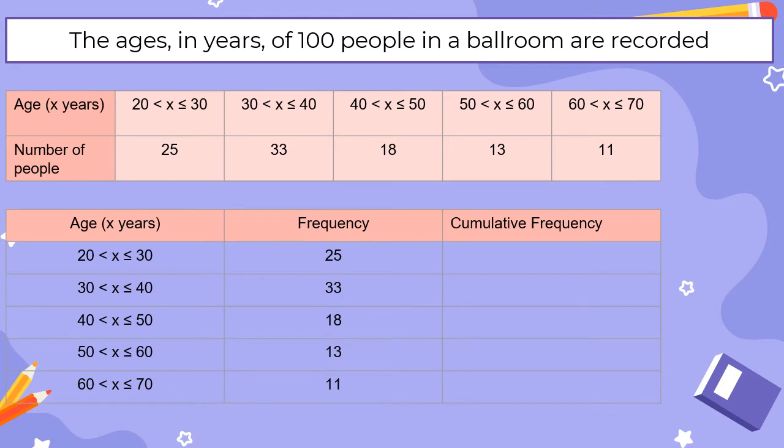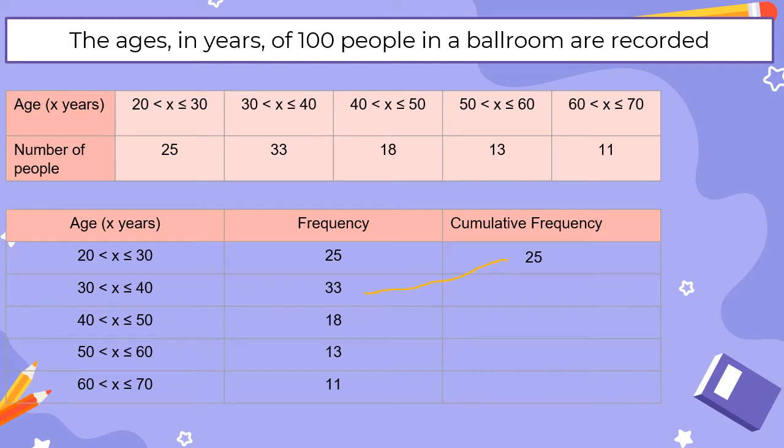So in median, we need the frequency and the cumulative frequency. For the frequency, we have 25, 33, 18, 13, and 11. To get the cumulative frequency, you need to add the frequency and the previous cumulative frequency. For example, just copy the first frequency, which is 25. Then next, add the cumulative frequency and the second frequency.